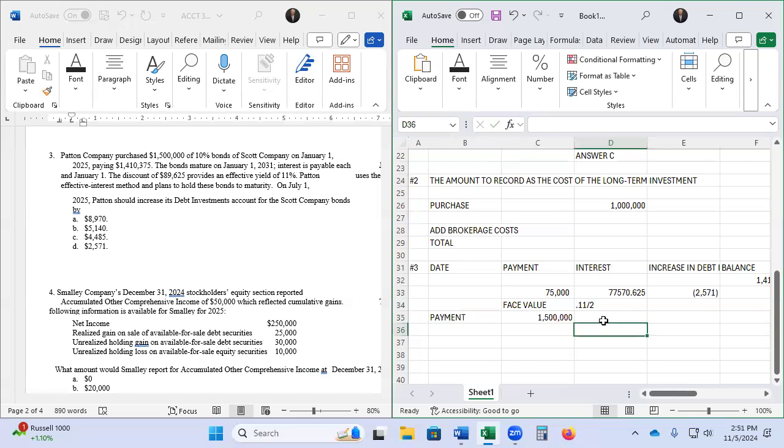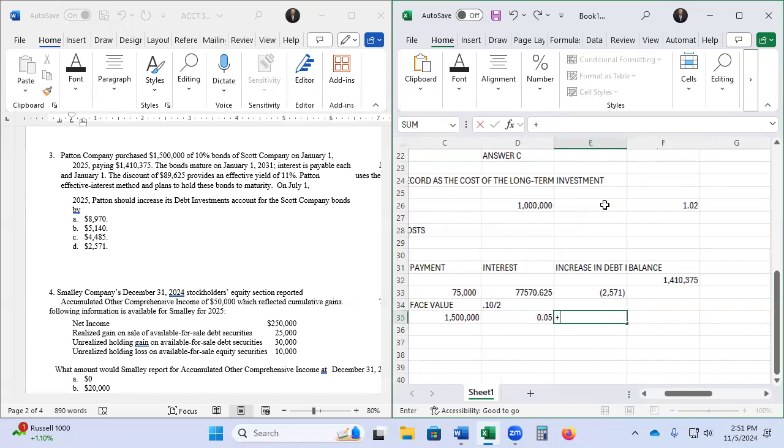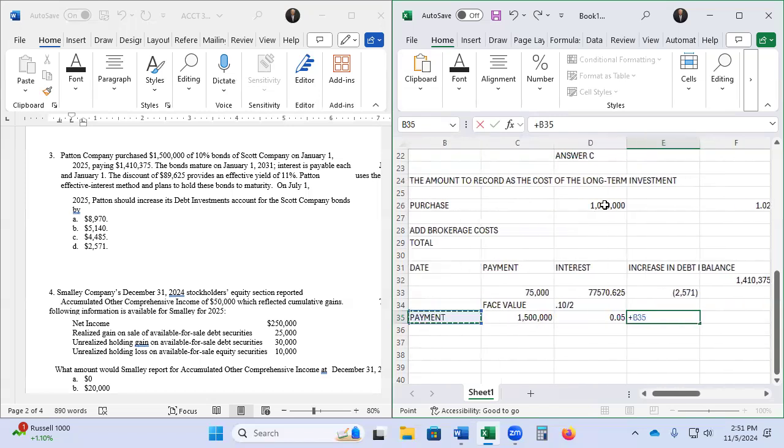Sorry, that's 10 divided by 2 because we're using the face value. This is 0.05. And so we get a payment of 75,000.